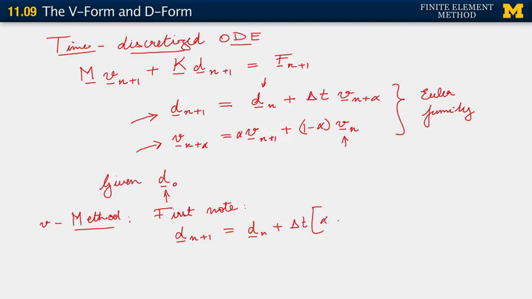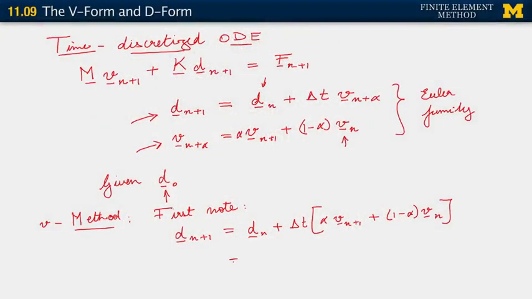So we'll write that as alpha vn plus 1 plus 1 minus alpha Vn. So that's the first step, combining the two equations that define the Euler family.